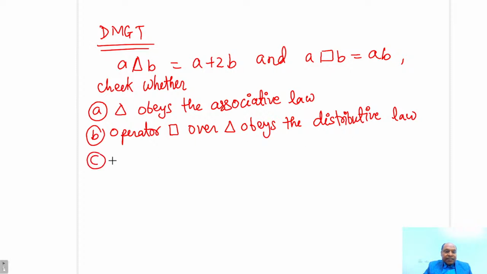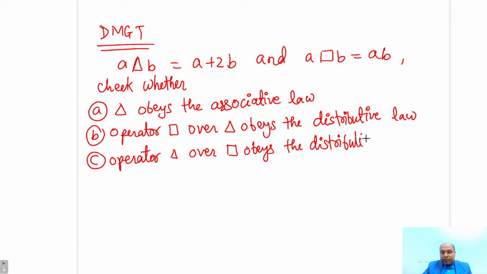Option C says that the operator triangle over square obeys the distributive law. And at last, option D says that square obeys the associative law.